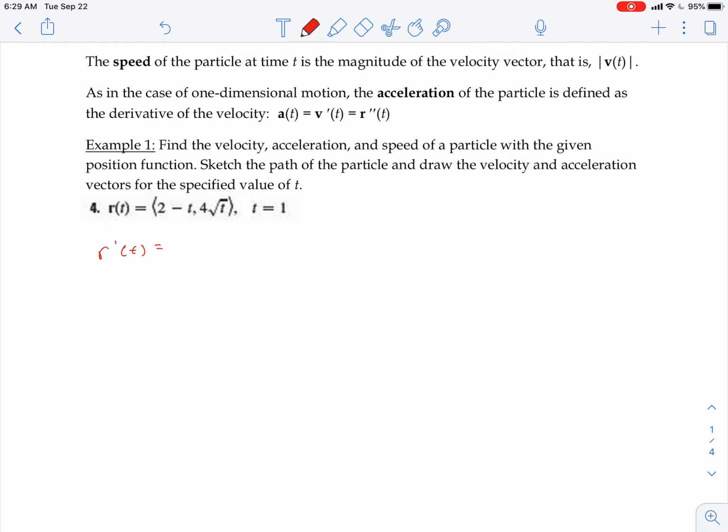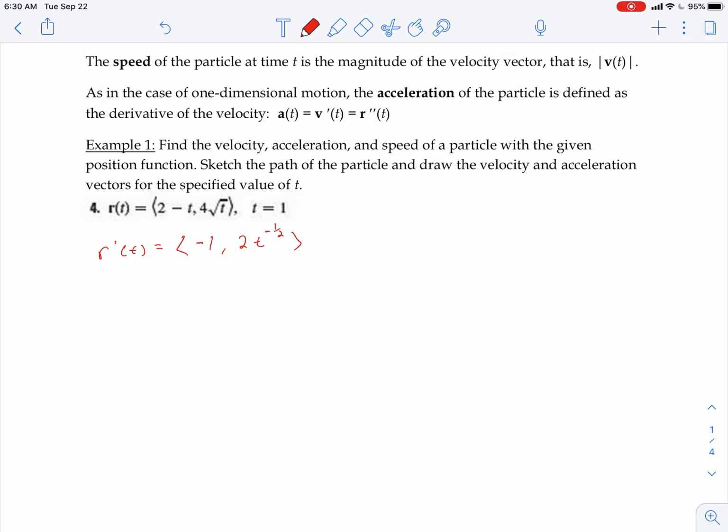So r prime of t is just going to be -1, and when we take the derivative of 4 square root of t, it's really t to the 1/2, so multiply, and that's 2t to the -1/2.